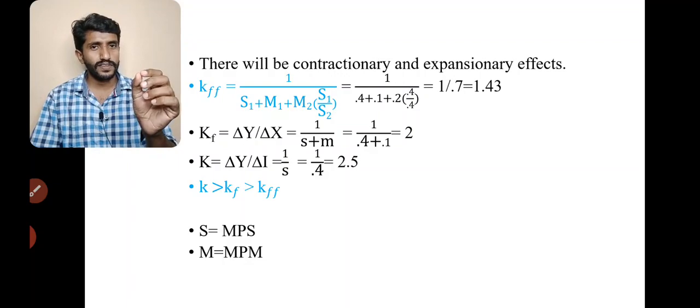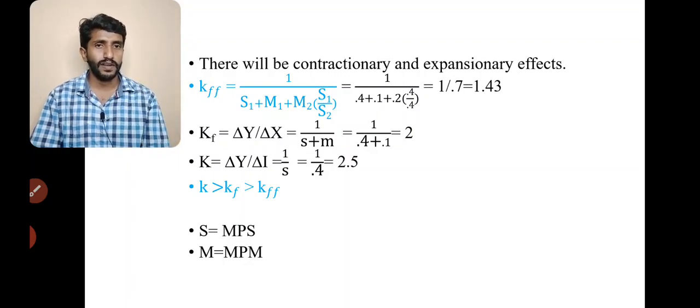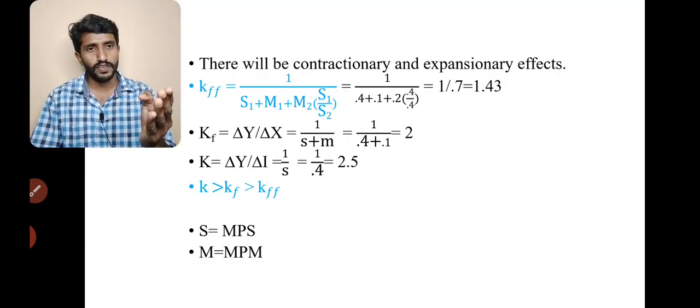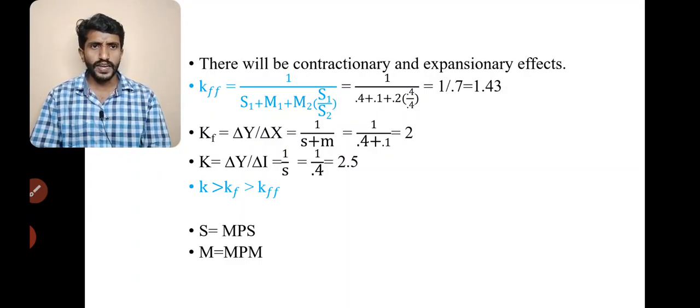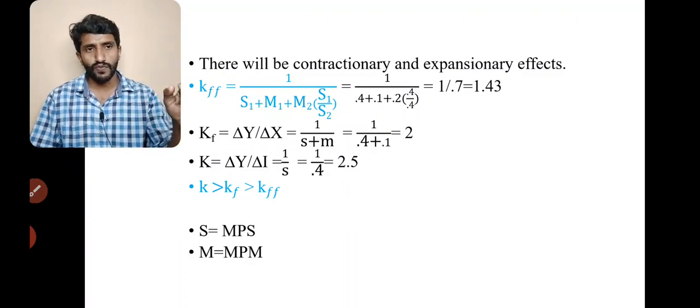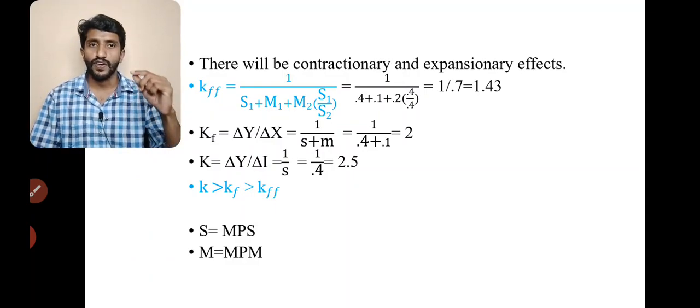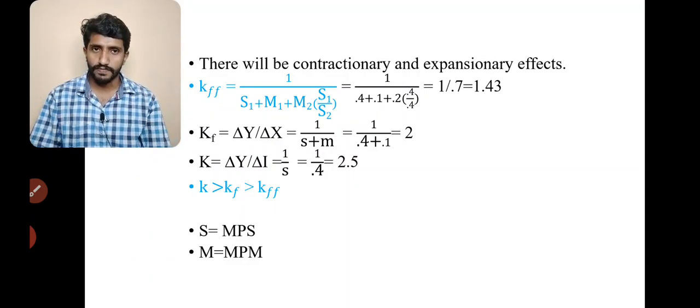For example, if you are assigning some values to all these variables, let S1 be 0.4, M1 be 0.1, M2 be 0.2, and S1 and S2 be 0.4, then what will be the value? 1 divided by 0.7, the foreign trade multiplier with repercussions will be 1.43.